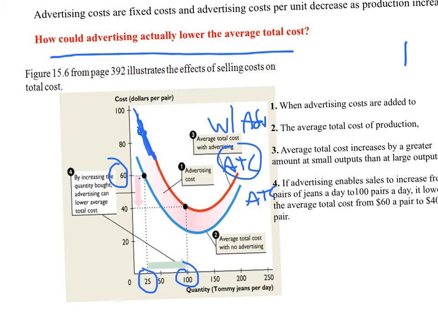If that's the case, we now go from 100 to the new advertising cost curve, and you can see that the average total cost is 40, which is lower than the initial value of 60. So if costs go up, but you can sell so many more, your average total cost can actually decline after that campaign.